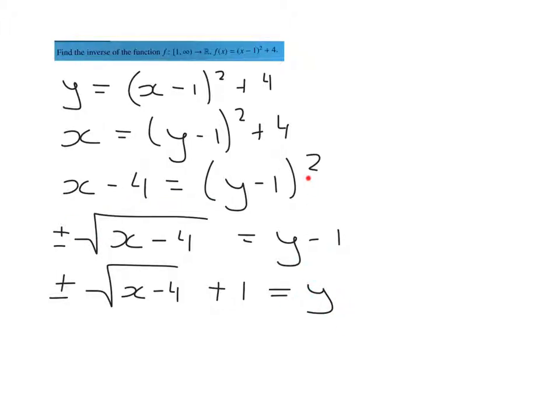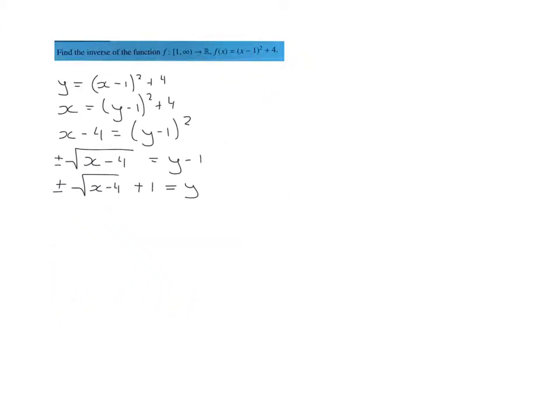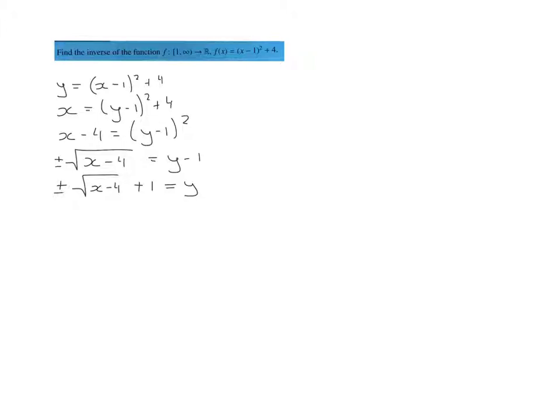Remember that when you take the square root of both sides, you have to do plus or minus to cater for both solutions. Now this gives us the inverse, which I shall rewrite in the notation given, which is f to the power of minus 1 equals plus or minus the square root of x minus 4, plus 1. Also remember that the plus 1, because it came over after the square root, sits outside the square root sign.